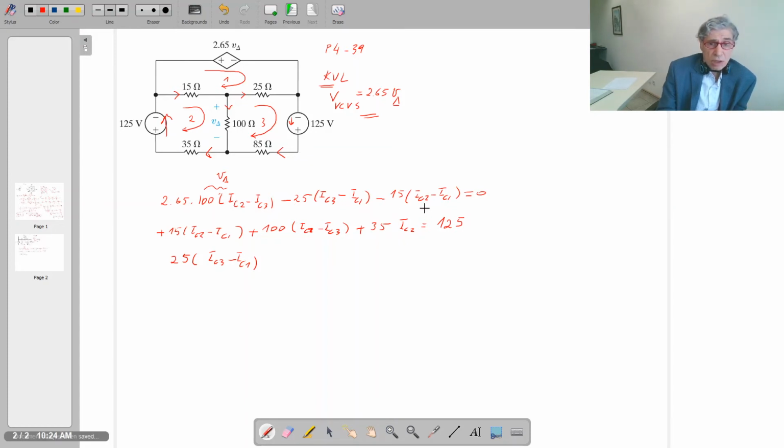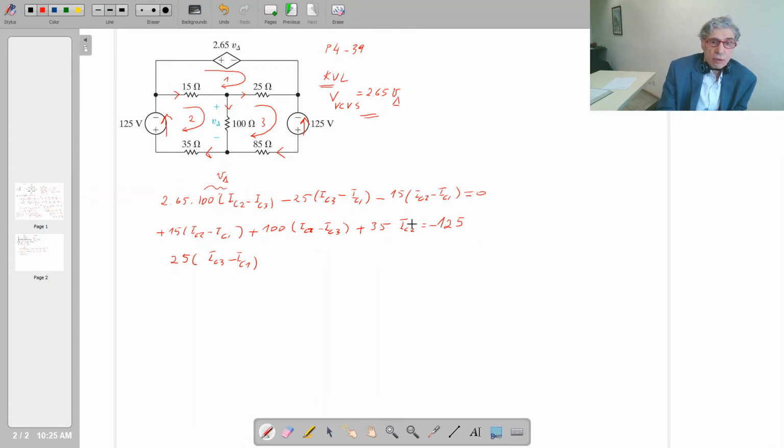If you move it to the right-hand side, it's going to be minus. I correct myself. Similarly, this reference, once again according to passive sign convention, the current reference must be upwards.